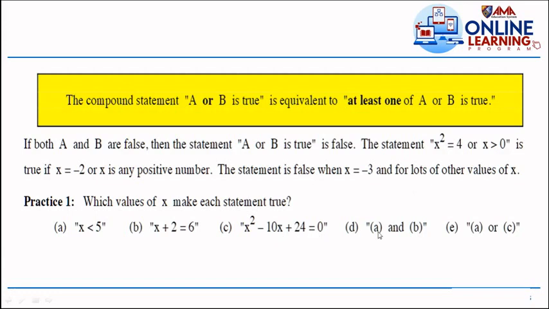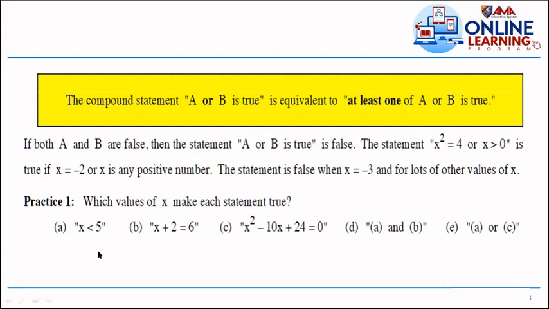Letter D, we have an AND statement here: statement A and statement B. Letter E, statement A or statement C. For 5 minutes, maybe. Solve what should be the value of x to make this conditional statement true.